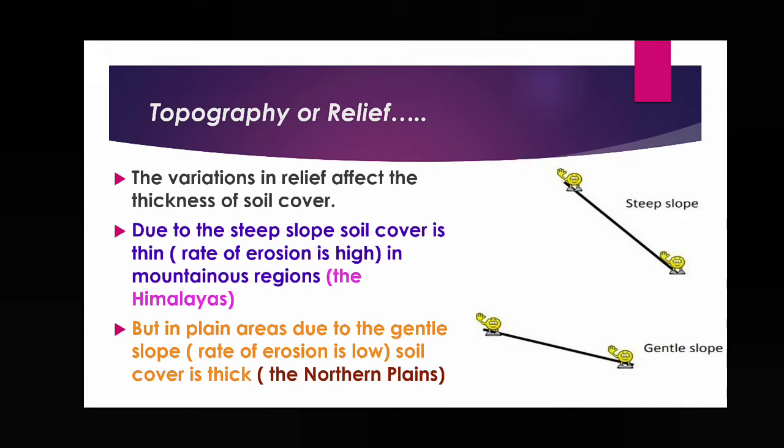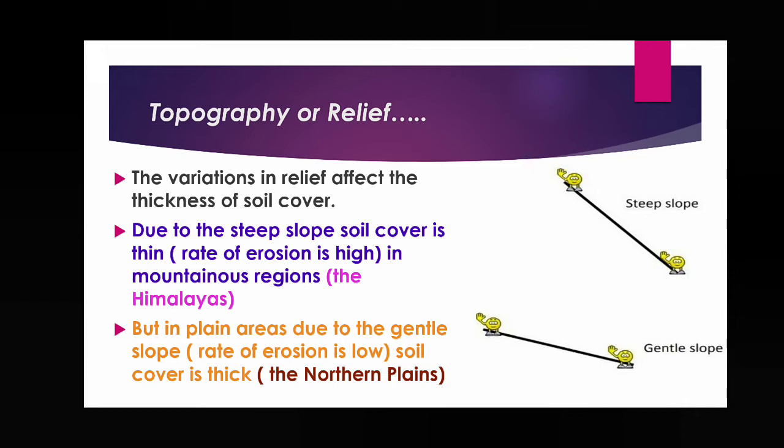The slope is very steep, that's why the speed of the water is more. And if the speed of the water is more, the rate of erosion of soil is more. So that's why the thickness of the soil is very less in the mountainous region. But here in gentle slope the speed of the water is less, and that's why the erosion is also less, that's why the soil is very thick.